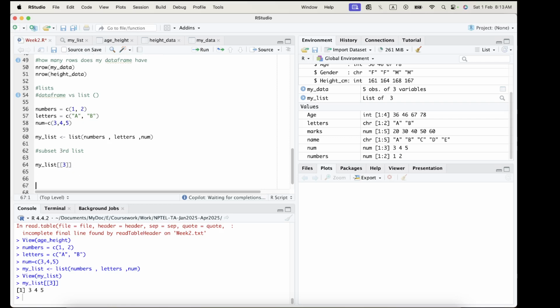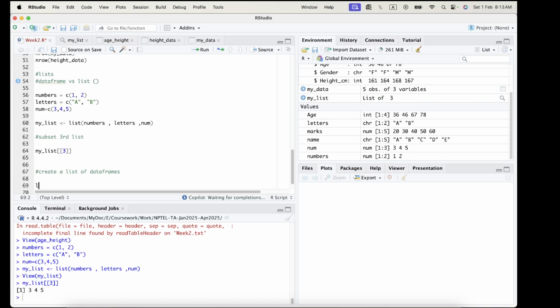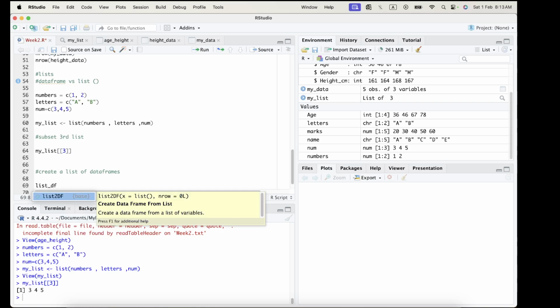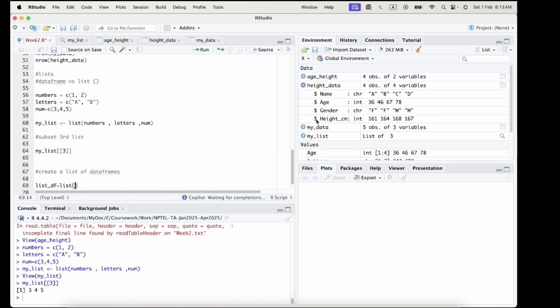So if I want to create a list of data frames that are already present, let me give it the name list df equal to list, and I have created 2 data frames so far.